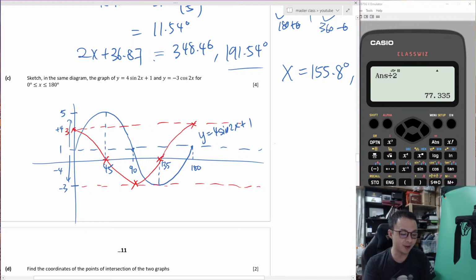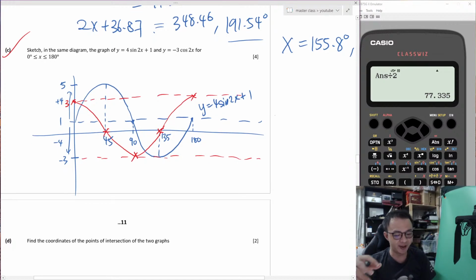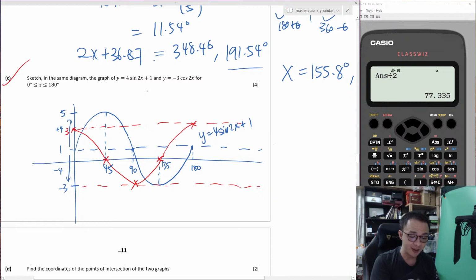Alright, now we're done sketching. Then for part D, they ask us to find the coordinates of the points of intersection. If you sub the y into the y, you get back the equation from just now: 4 sine 2x plus 1 equals negative 3 cos 2x. So this is where the intersection happens.